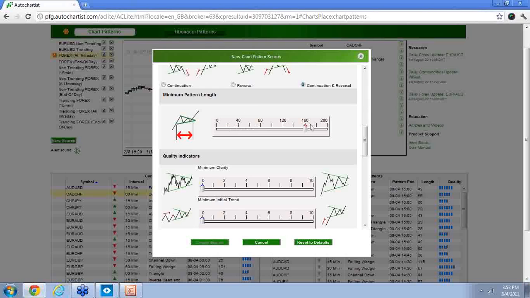So you have the ability to use the slide bar and select any time period you want. Now, through study and experimentation, just like any indicator that you use, conventional indicators such as stochastics, RSIs, moving averages, things like that, it's possible that you're going to set it too high and you end up with no signals, and then it's possible to set it too low and end up with too many signals.